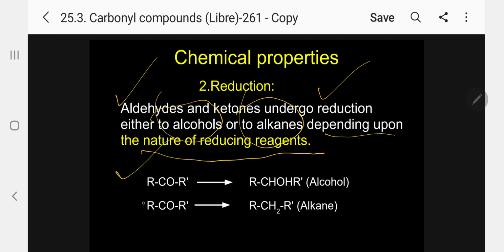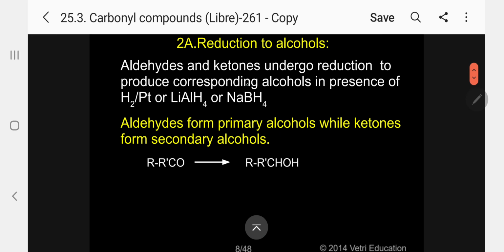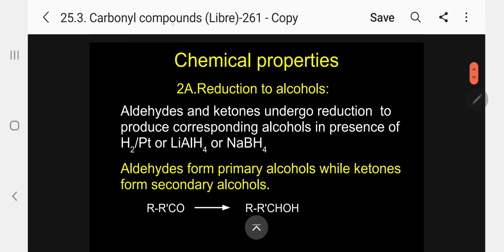Generally, kindly follow, the aldehyde or ketone general formula gives the corresponding alcohol, or correspondingly alkane. So first let me take reduction to alcohol, kindly follow what is happening.